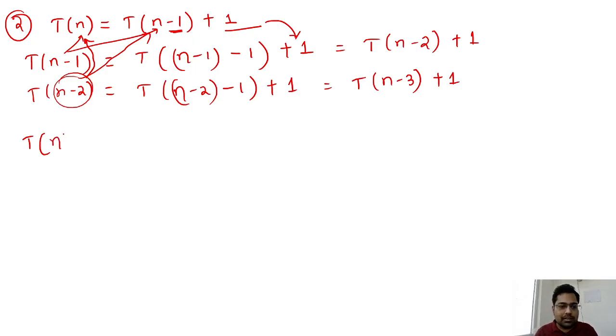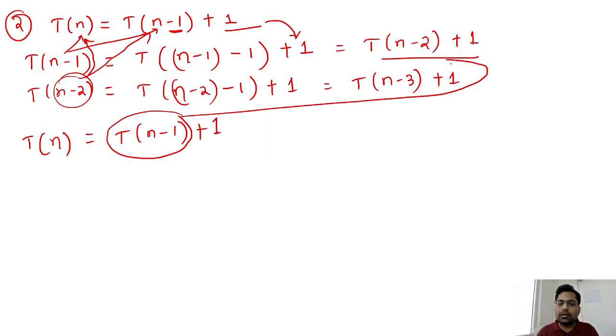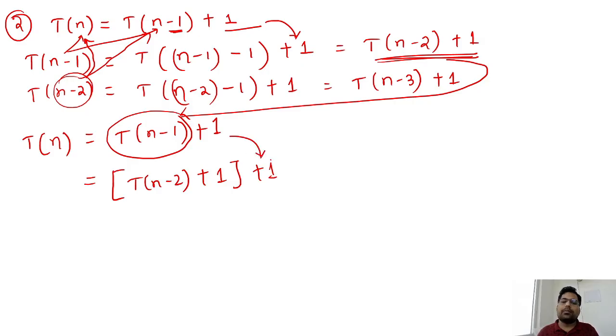Here, for T(n), I'm just running within this one single function: T(n-1) + 1. The value of T(n-1) is what you found here. The total value which you got, you put it here like T(n-2) + 1, then outside the + 1 you keep as it is.